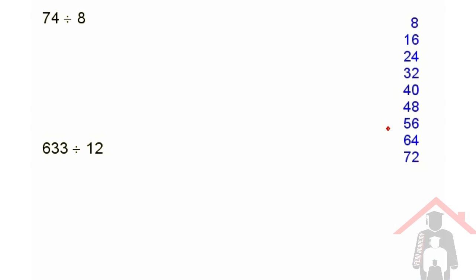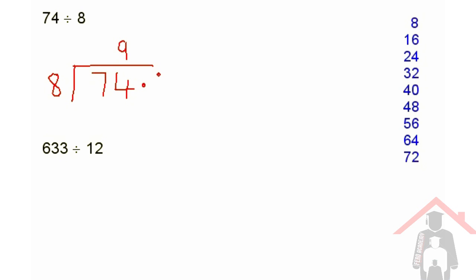I'm going to use my 8 times table for this question. I set it out like this. 8 doesn't go into 7, so I look at the 74. 8 goes into 74 9 times. I have a remainder of 2.